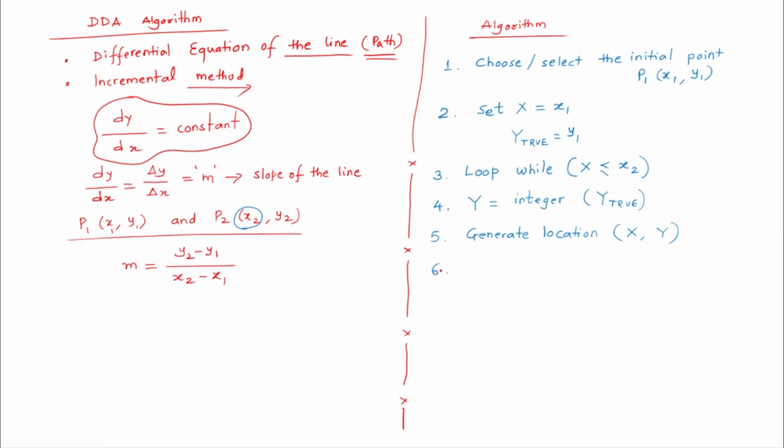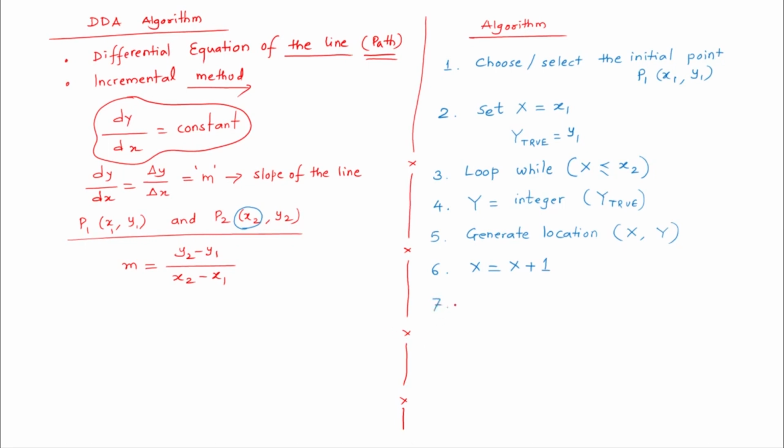The next step is to increment the capital X by unit 1, so X equals X plus 1. We are incrementing the value of X by 1. That is the next step.